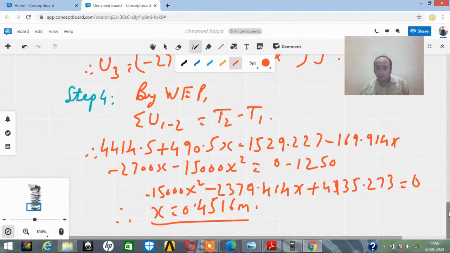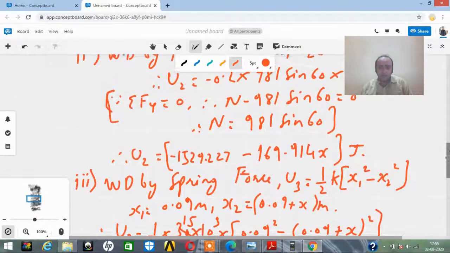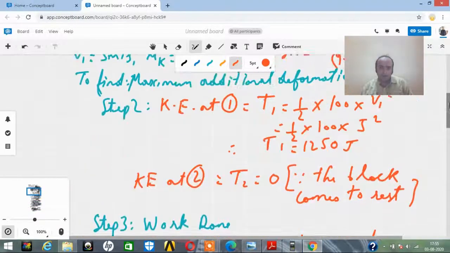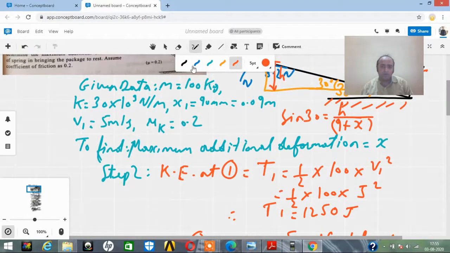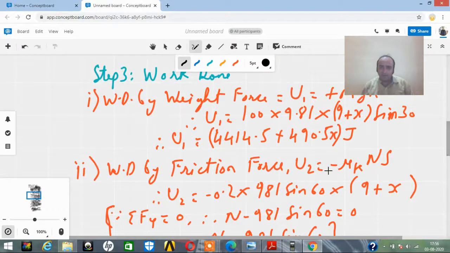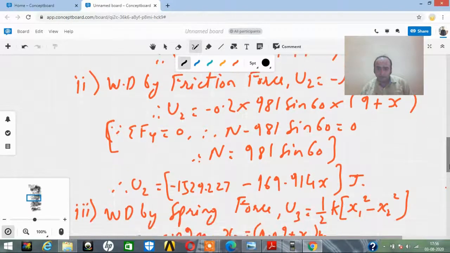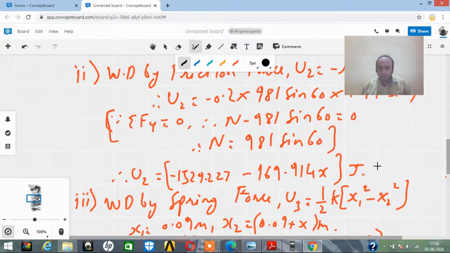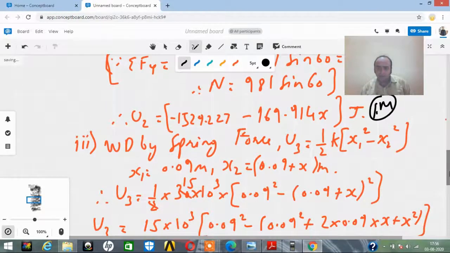Friends, this problem comes for 6 marks in the examination. Let us see how the marks are going to get distributed one by one. Here, kinetic energy will give you 1 mark. Again, work done by every force will individually give you 1 mark: work done by weight force, then work done by friction force, so 3 marks so far.